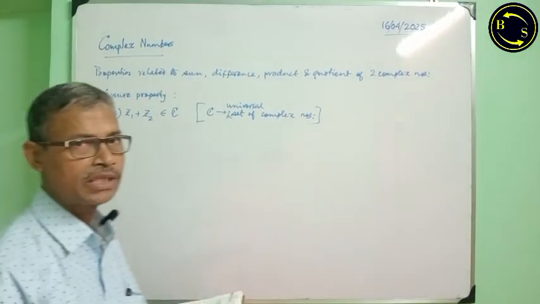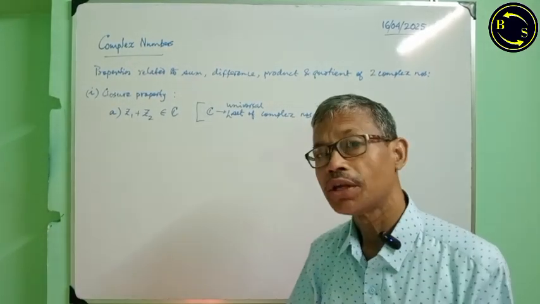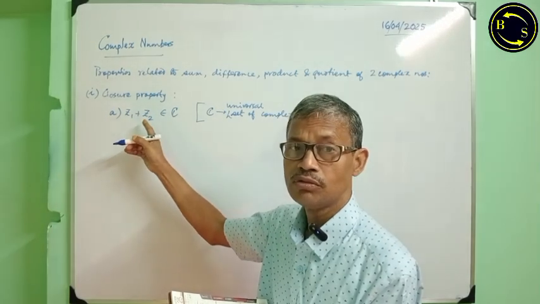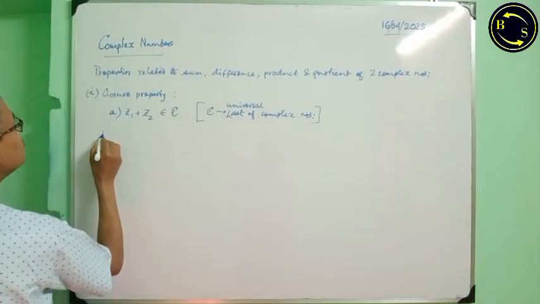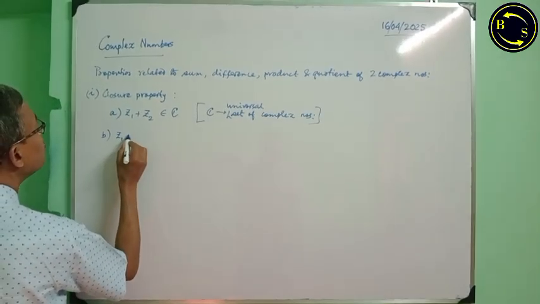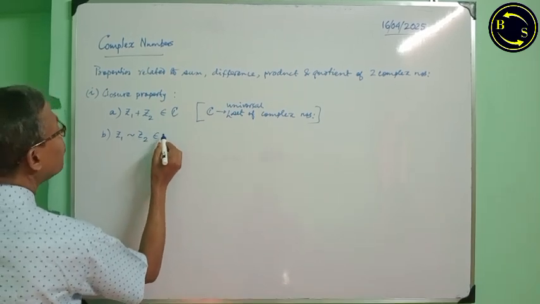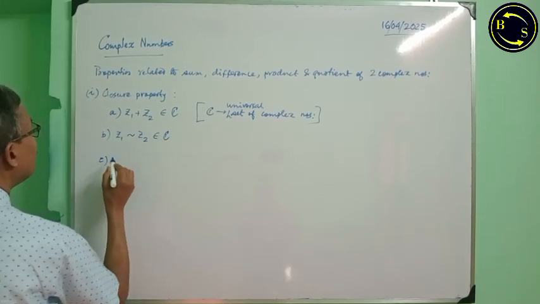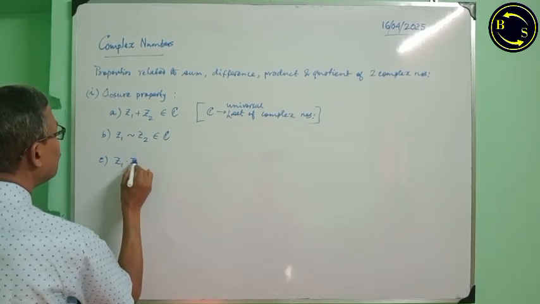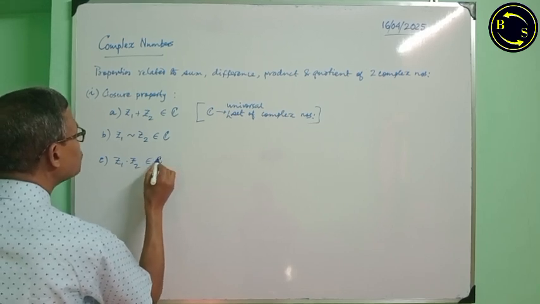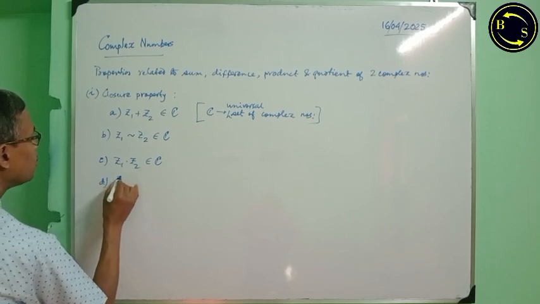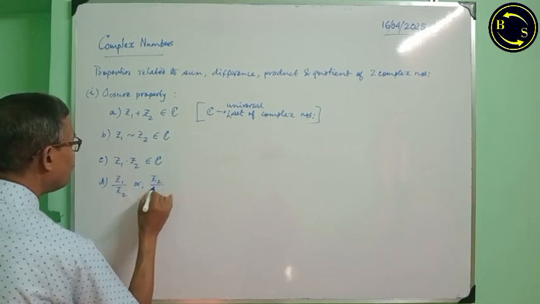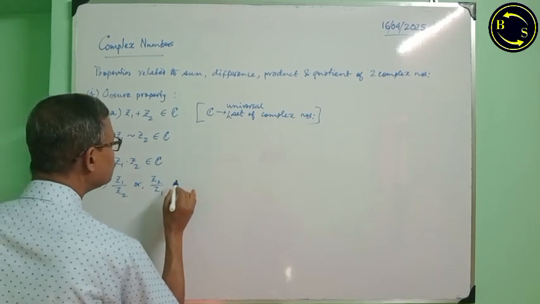If C is the set of complex numbers, rather universal set of complex number, then already we have verified sum, that means Z1 plus Z2, also difference, product is also a complex number, then quotient of two complex numbers is also complex number.